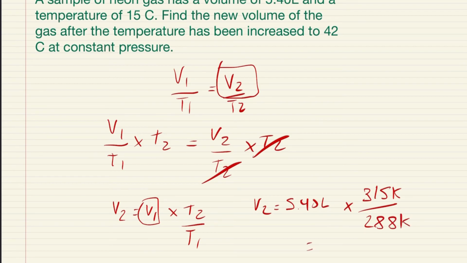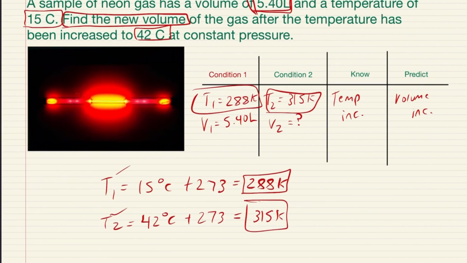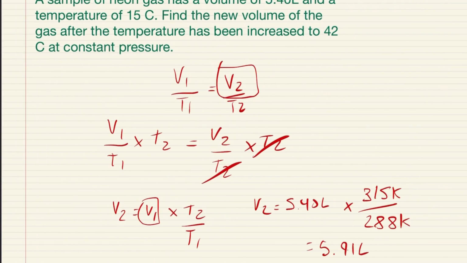If we use our trusty calculator, one moment, we will get 5.91 liters. So we can see that the volume increased. We went from 5.4 liters to 5.91 liters.